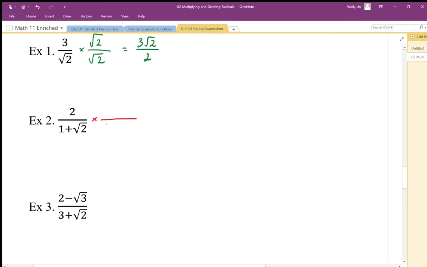If I multiply the denominator by the conjugate, 1 minus root 2, I have to balance the fraction by doing the top. In the denominator, I'm going to end up with 1 plus root 2 minus root 2 minus root 2 times root 2, which is 2.